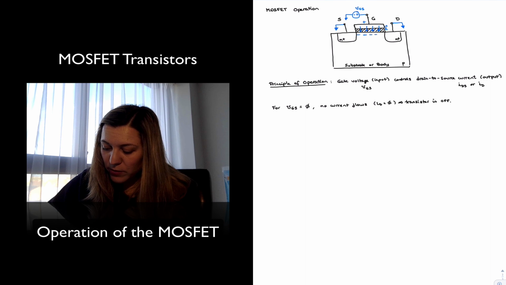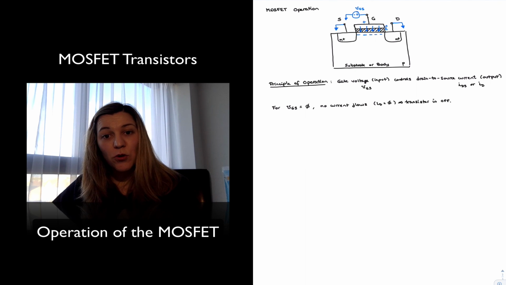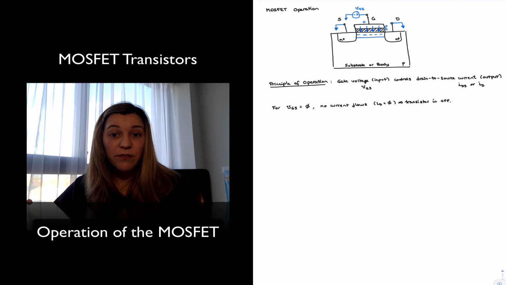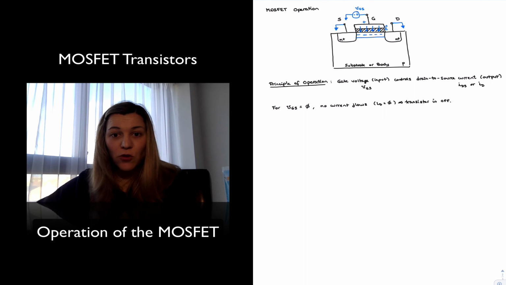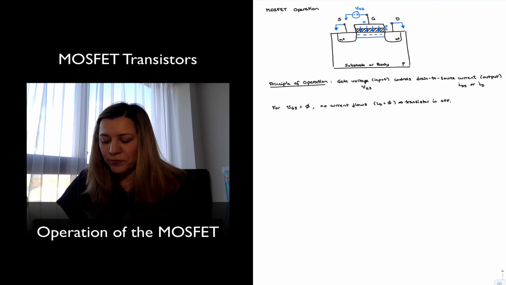There are going to be negative charges coming to fill those holes, but in essence what I'm going to be left with is a region right underneath the gate that is overall negative. The net charge is negative because I have attracted electrons from all over the substrate towards the gate, which have filled the available holes there, but have given me right underneath the gate a net negative charge.